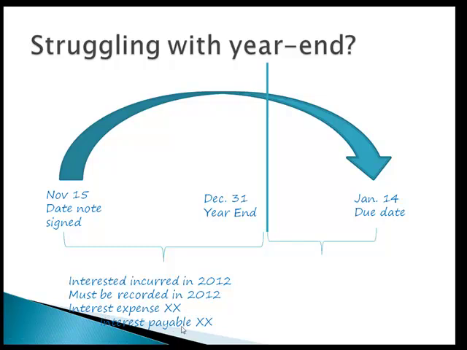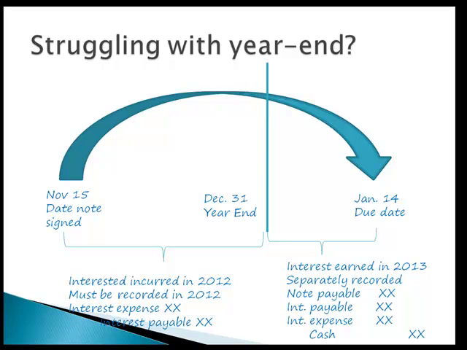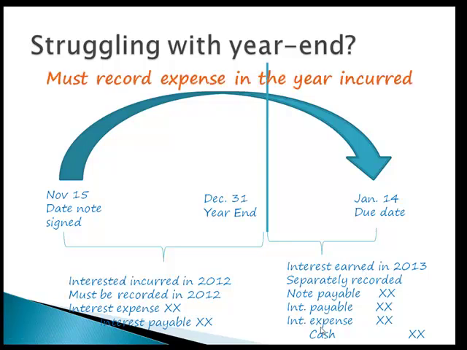If it was incurred in 2010, you have to separately record it. Okay, so all we're doing is recording the expense on the actual year that it was incurred. So we're separating that out with the December 31st year-end entry. Okay, so we're separating the two interest expense periods out.